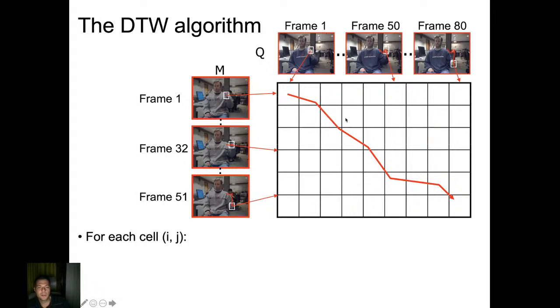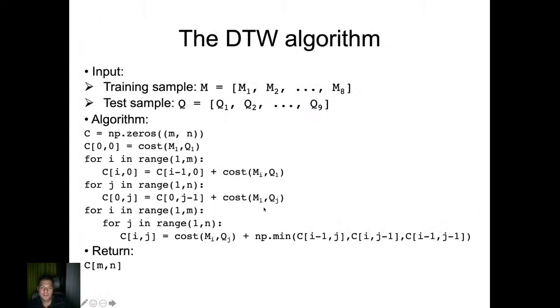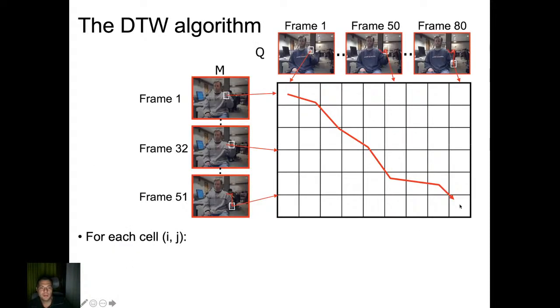So you start to fill in the matrix like this. Okay, so in the end, you will have the cost for the optimal alignment in the last cell of this matrix. And if you also want the alignment itself, you can go back through the matrix to find the path.